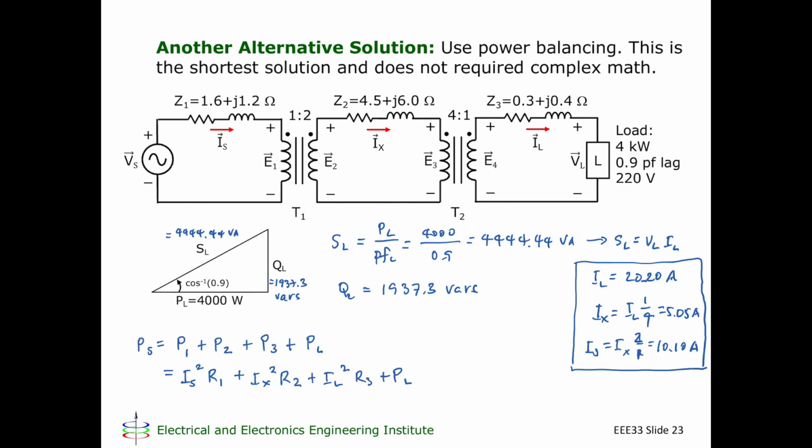So if I write this out, I don't think I really have to, but let me anyway. This is 10.10 squared times 1.6 plus 5.05 squared times 4.5 plus 20.20 squared times 0.3 plus P of L, which is 4,000.